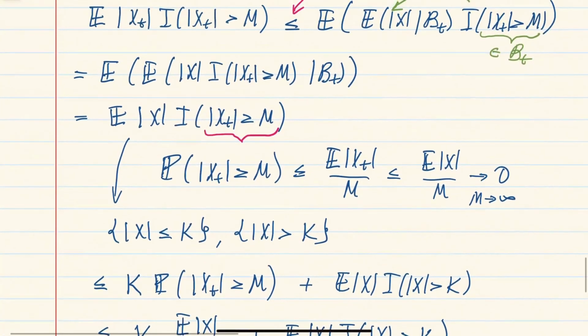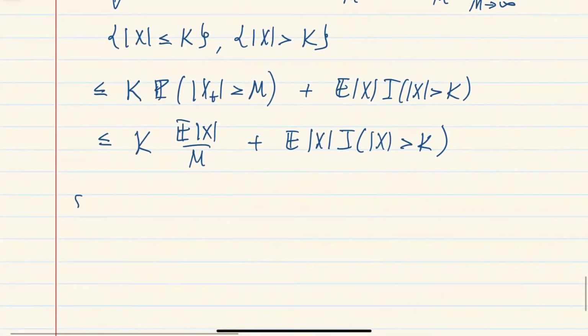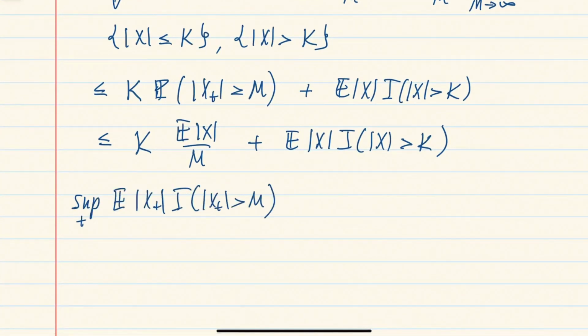We started with this expectation over the tail, and we want to control it uniformly. So if you take supremum over t on the left hand side, and you take the limit when m goes to infinity, on the right hand side the first term will disappear, so you'll be left with just this expectation of x over its tail.